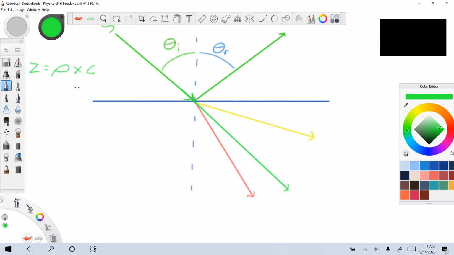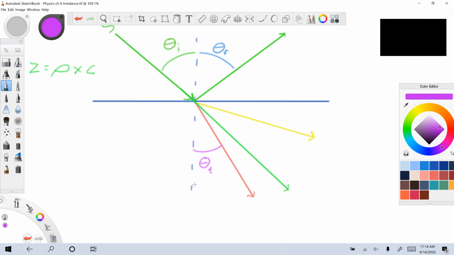This is different. Students have a really hard time remembering or understanding that this is different, and so I just want to really put that down there. I have three different possible angles here. We have an angle here, theta t for transmitted.